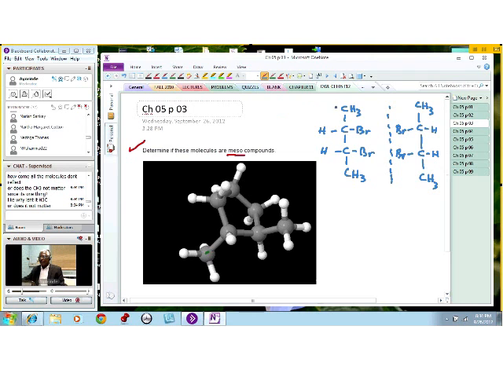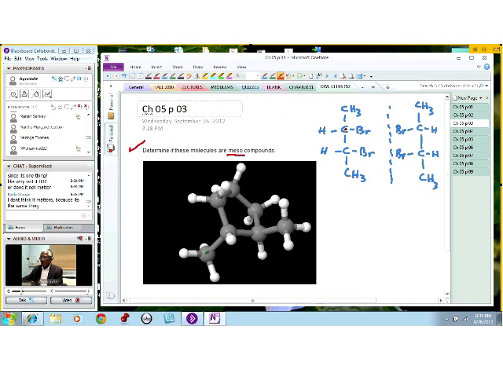Okay, so if you take a look at this molecule here, if I ask you, is this molecule a meso molecule? One thing that you could do is determine the absolute configuration of each one of the chirality centers. Let us do the absolute configuration here.